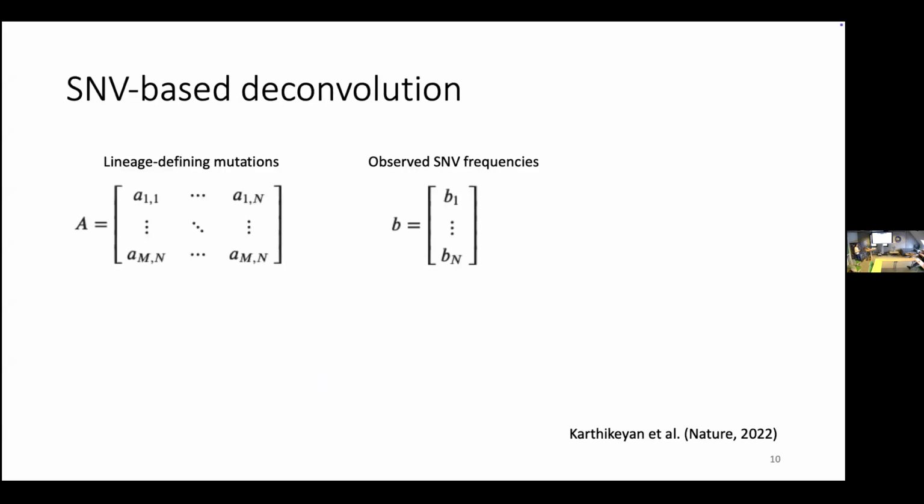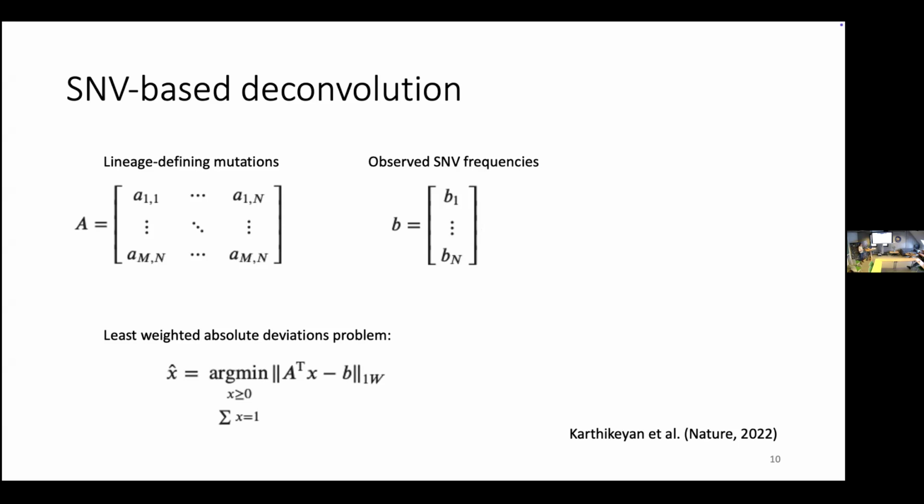So then a more sophisticated approach is to actually make a matrix where you record your lineage defining mutations. So for each lineage, which mutations belong to this lineage, and you have a vector of your observed frequencies of each of these mutations. And then what we can look for is a vector X that has the predicted frequency of each of the lineages, and ideally A times X equals this observed vector B. So you're trying to minimize this absolute deviations problem.